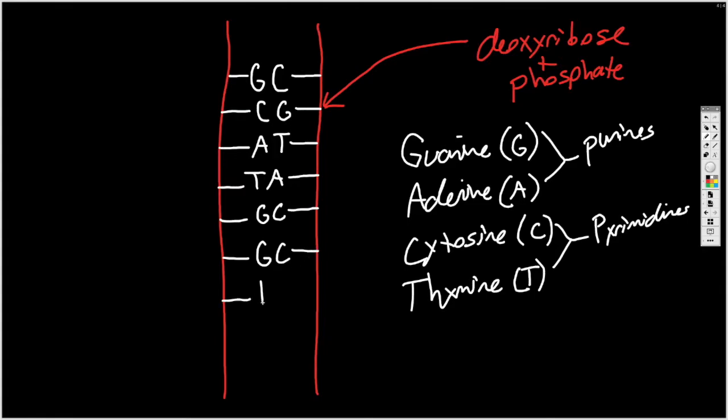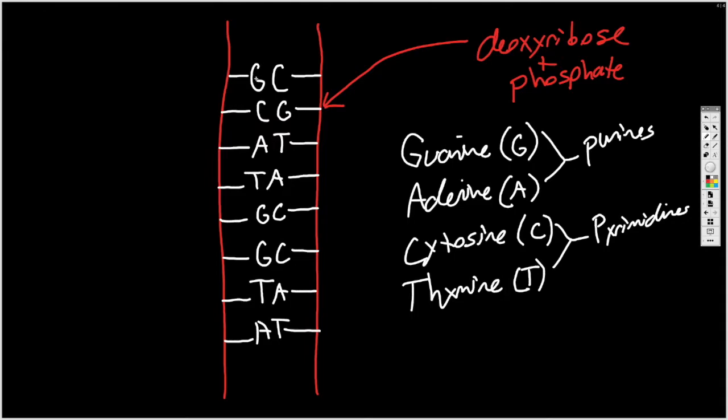Okay, so I'm just going to draw in some more here to finish this ladder. Okay, and this is the structure of DNA. So you have a sugar phosphate backbone, and then the rungs of the ladder, the steps, are made up of these chemicals known as purines and pyrimidines.